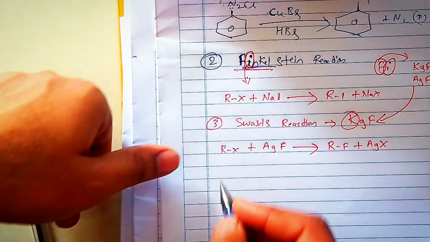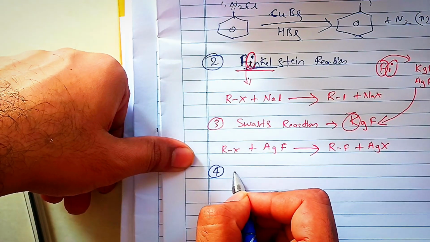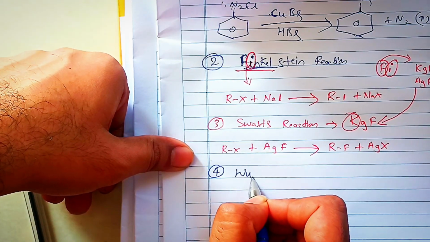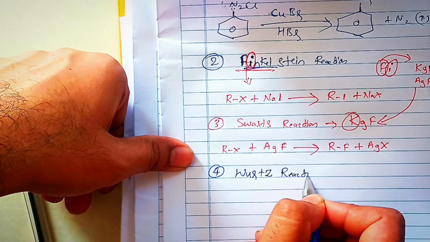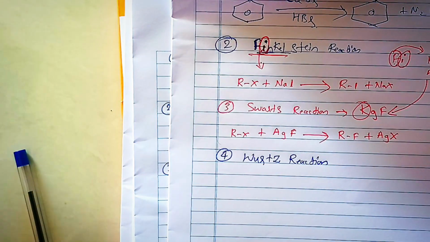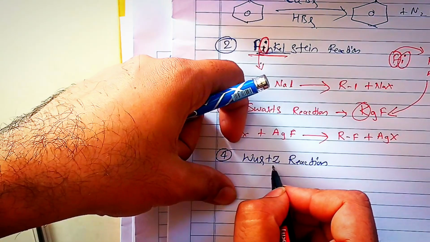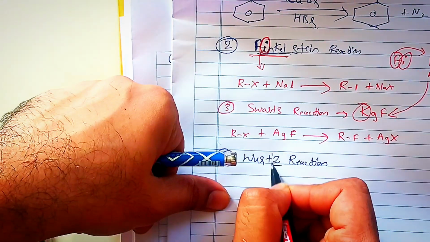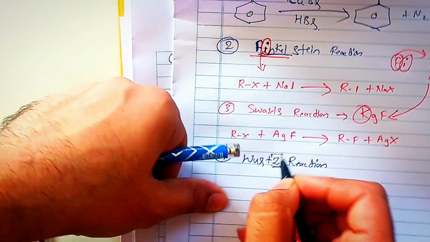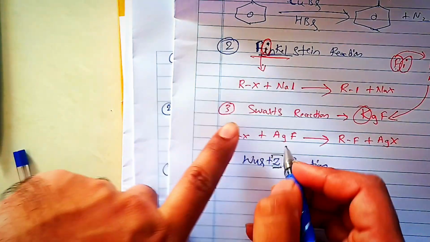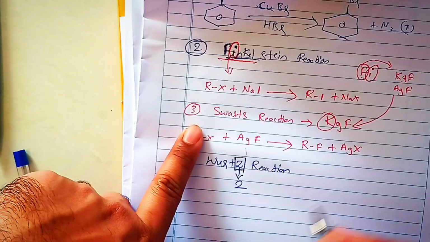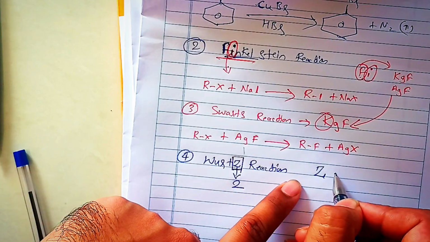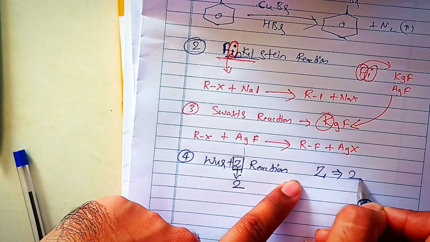Next we will go for the fourth one, the Wurtz reaction. Right? By the naming only, here we will get the Z. This Z can be written as 2.